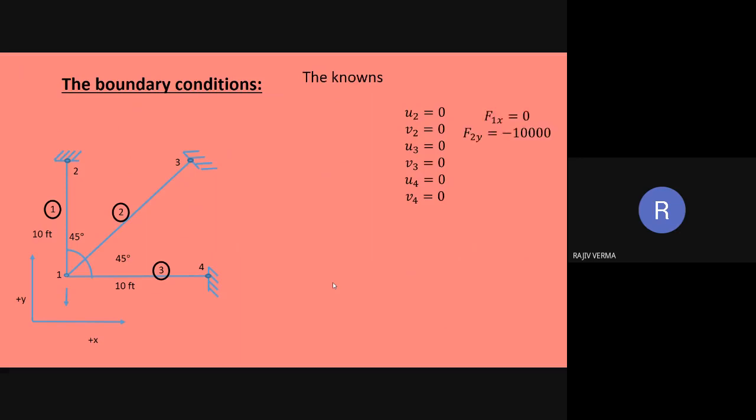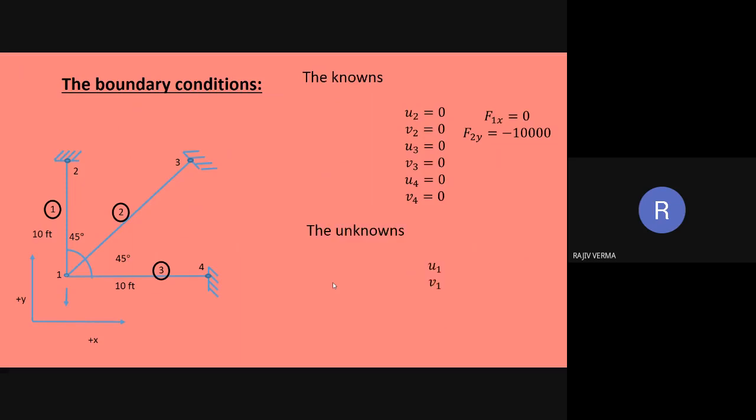And obviously, there is some force applied at node number 1. Since this particular force is acting along the negative y-axis, there is no force acting along the x-axis. So F1x is 0 and F1y happens to be minus 10,000 pounds.